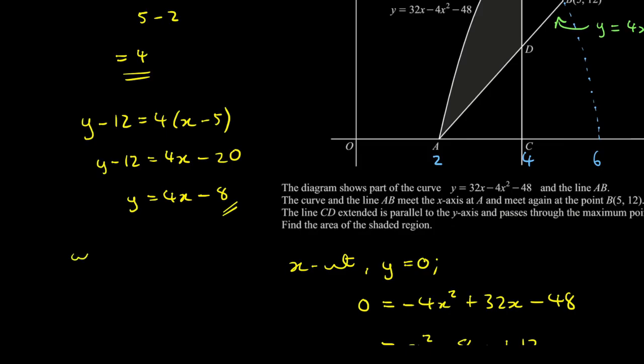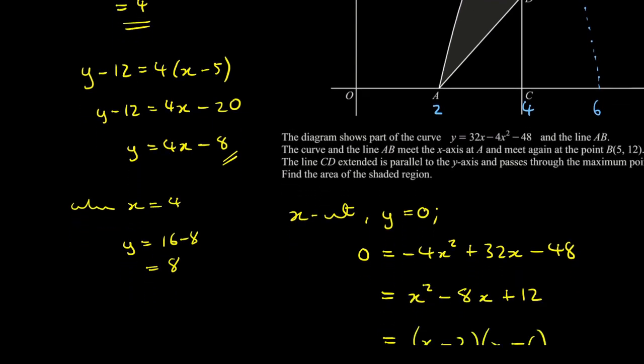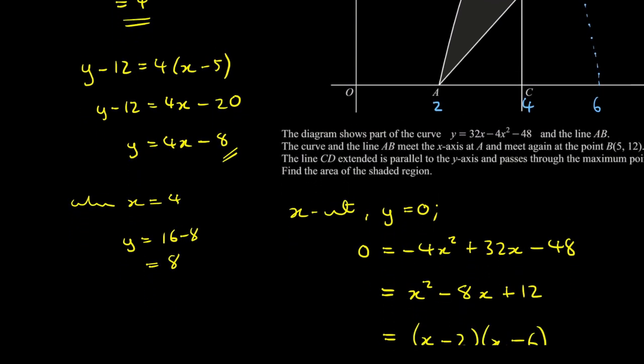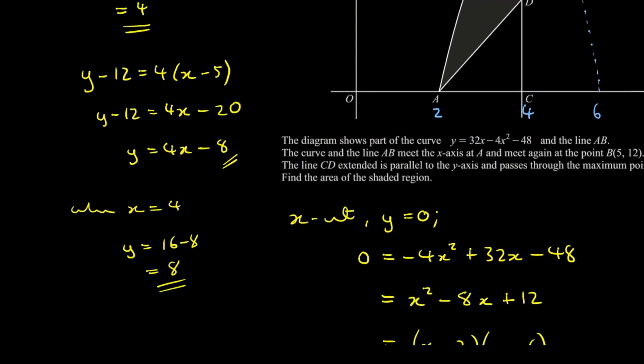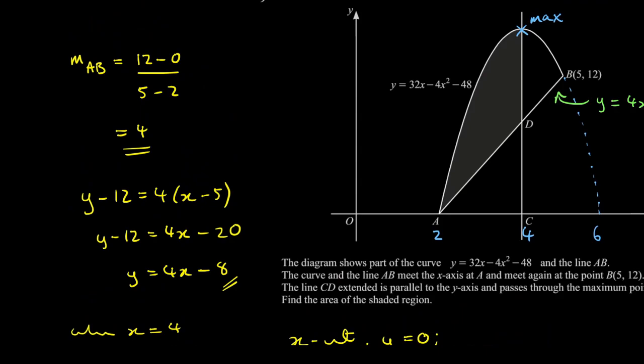So when x is equal to 4, y is going to equal 4 times 4, which is 16, minus 8, which is just equal to 8. Right? So D has got a y coordinate of 8. So I'm going to take that there. Okay, so we've got the y coordinate of that is 8.